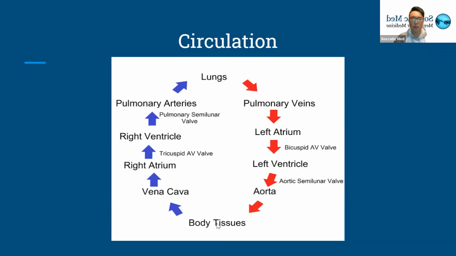So when the blood is coming back from the body tissues, it's deoxygenated, and then when the heart pumps the blood to the lungs, it gets oxygenated, and that's why the right side is red, to show that it's oxygenated blood. Then the heart will send the blood back to the body tissues to distribute the oxygen and other gases.